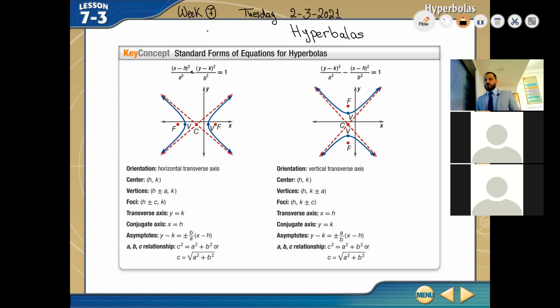But we have another difference, which is the concept of a and b. In the ellipse, we said that a is always the bigger number. But here, a is always the first number, even if a is under x or under y. It means the denominator of x over the denominator of y.